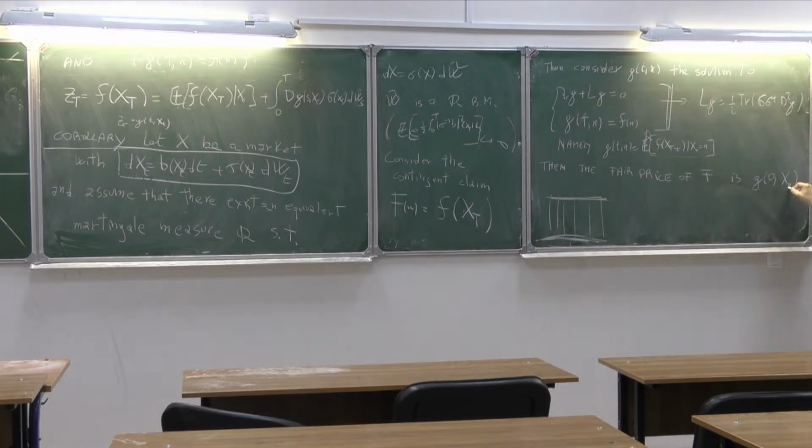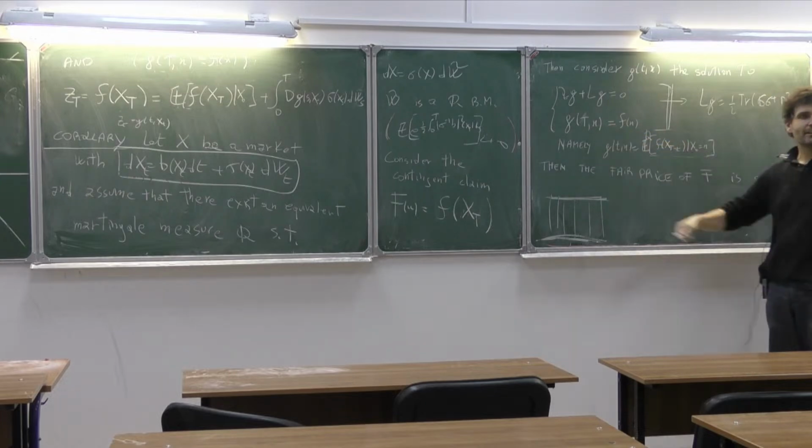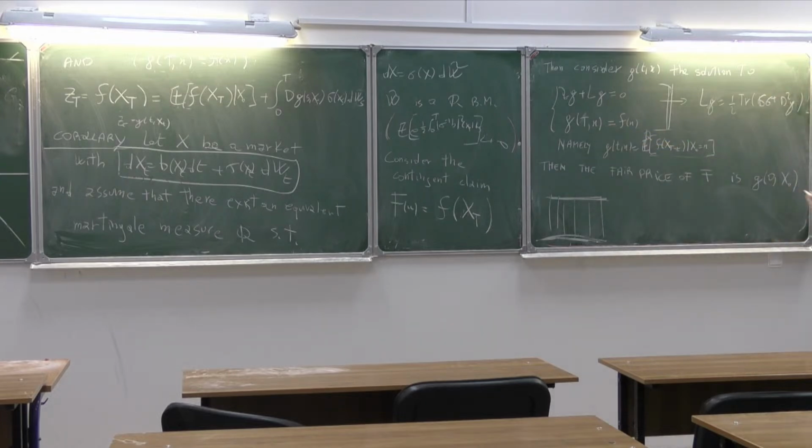Then x0, you know what it is. It's the value of the stock now. So the solution at time 0 is the offer price. You cannot, in some sense, with these numerical methods, compute it just at one x. You compute the whole function, then you compute the value at which x is at time 0.